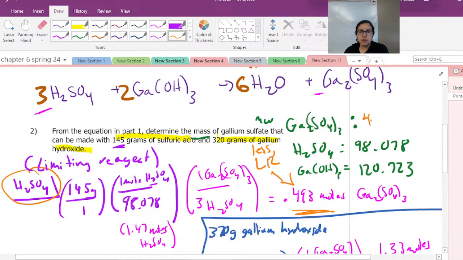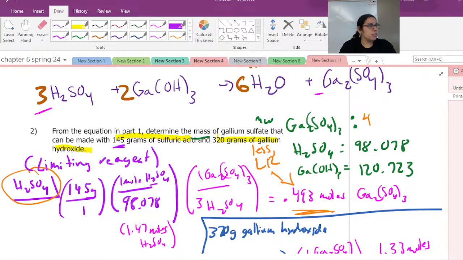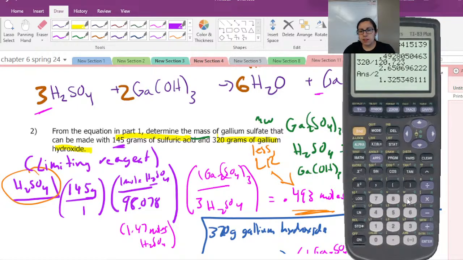You said 479? I have 427, but I didn't calculate it myself. Yeah, I think it's supposed to be 427. So let's, I already forgot what gallium's molecular weight was again.